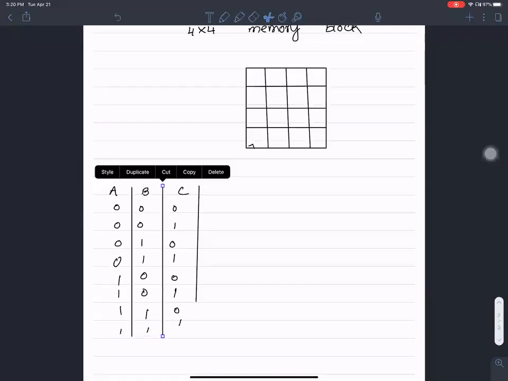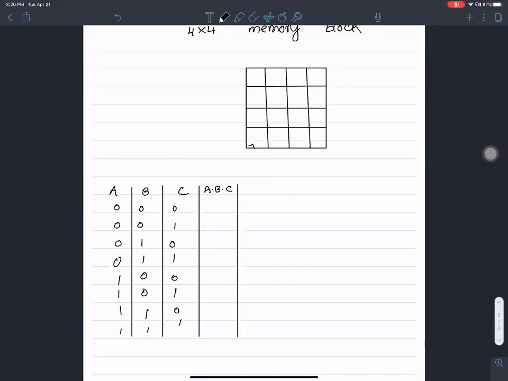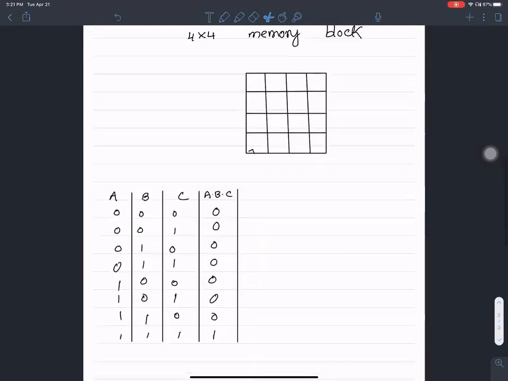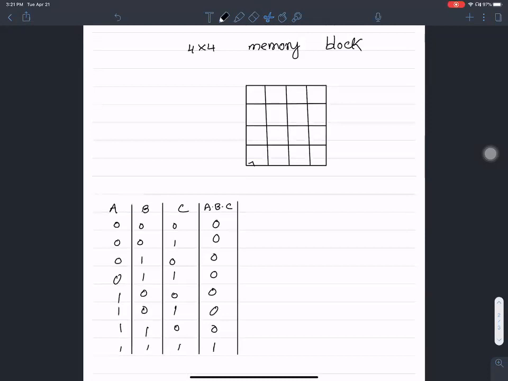Let's say I can use more than one of these blocks, and any other logic circuit that you want to implement. So the idea is I have a 4x4 block.